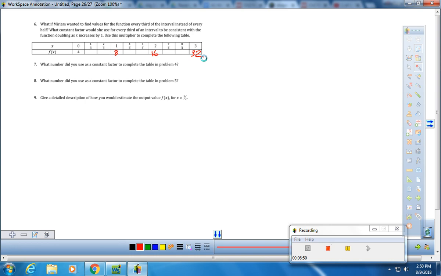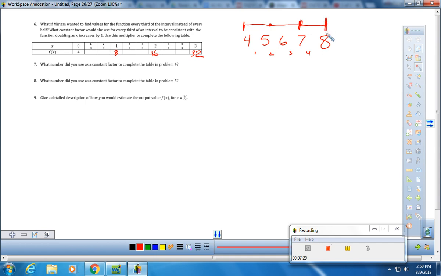So if you just thought about 4 on a number line, 5, 6, 7, 8. There are 1, 2, 3, 4 spaces in between. Well, if we wanted a third, 4 divided by 3, it would be somewhere around there. This would be a third, and then another third, and then another third.